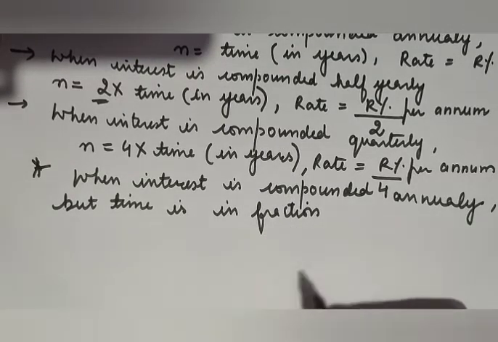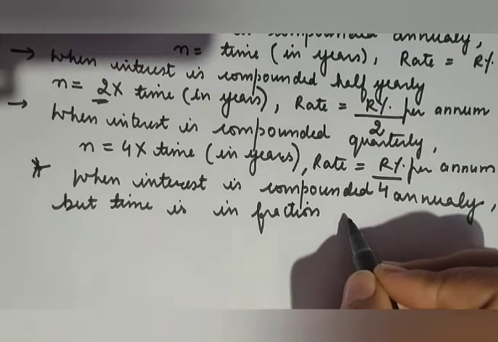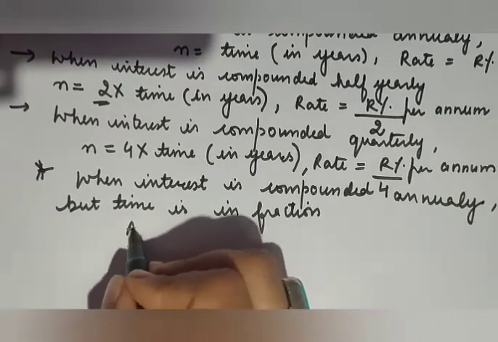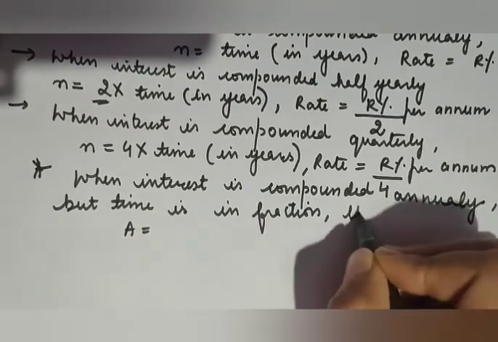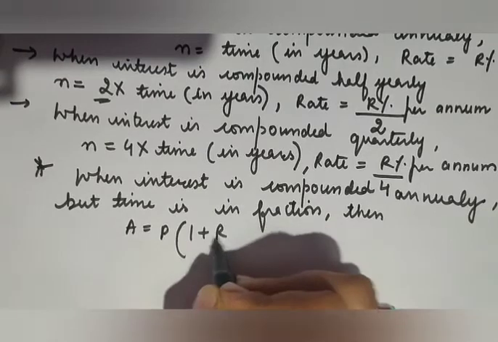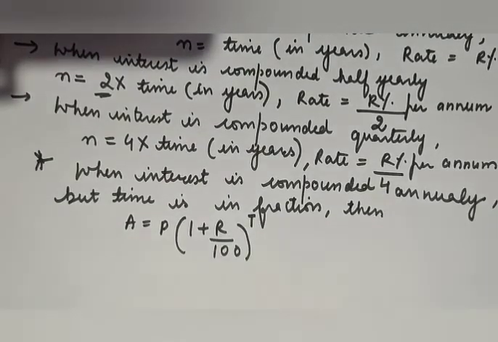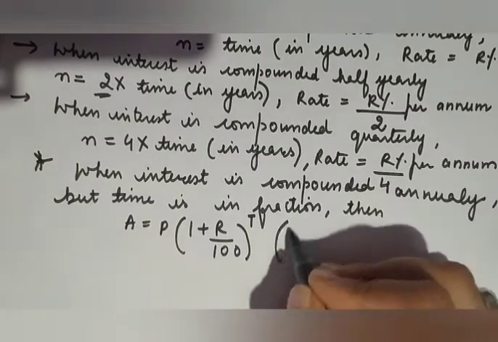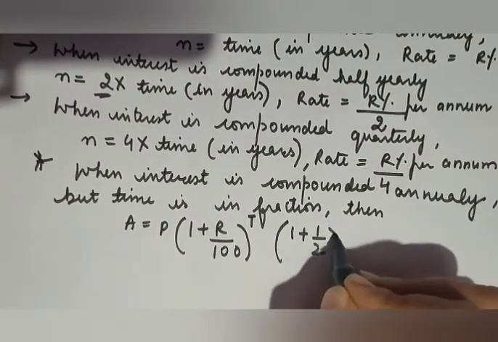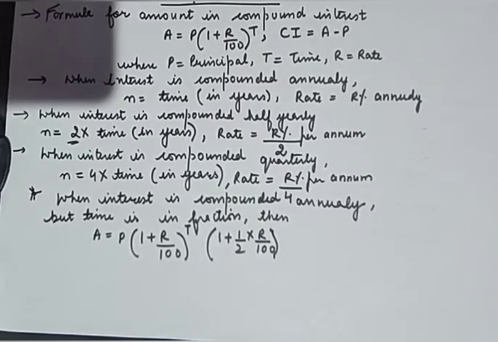Whenever the time is given to you in fraction, you have to apply the formula like A is equal to P into (1 plus R upon 100) to the power T, where T is taken as the complete whole years, and then 1 plus 1 by 2 into R upon 100 again.